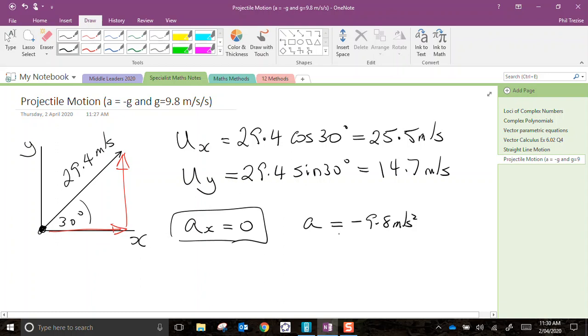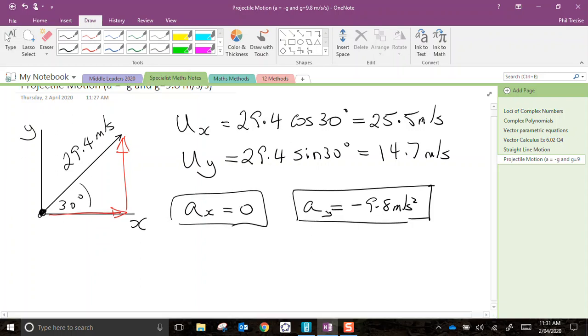So solely the influence of gravity. I should have put a little subscripted y in there to show vertical. So we have to treat the two separately. Now, it's a constant acceleration situation. We can rely on our typical equations of motion.